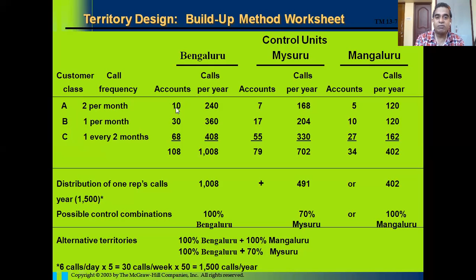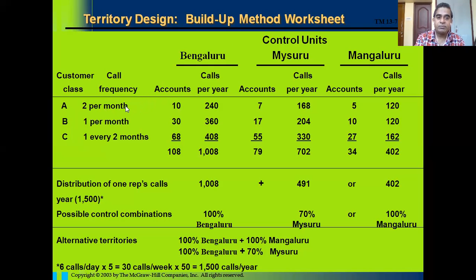And here we have information on number of customers. Accounts means customers. So we multiply by the number of calls per account per year.